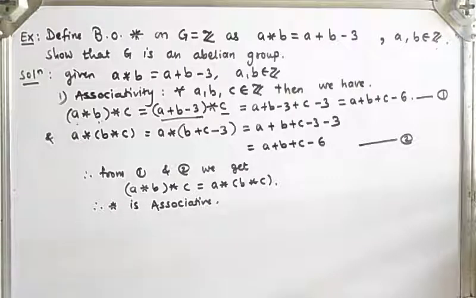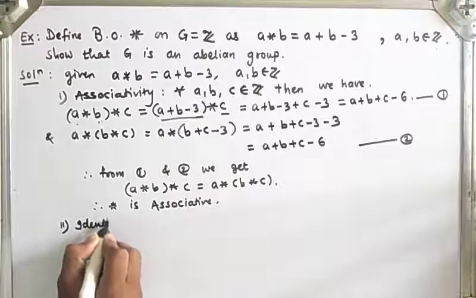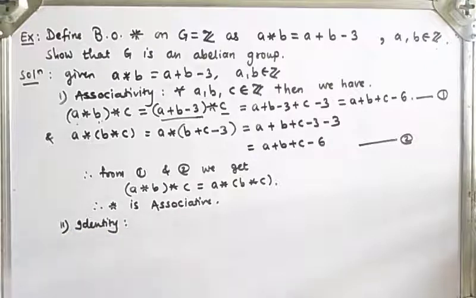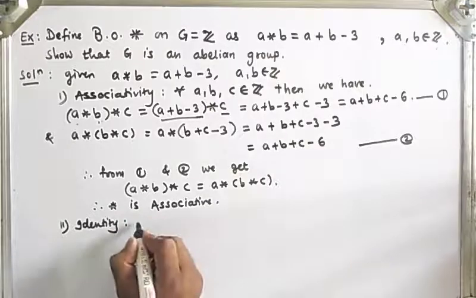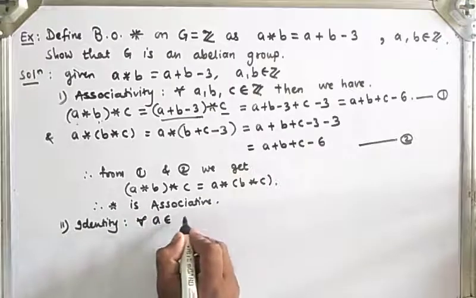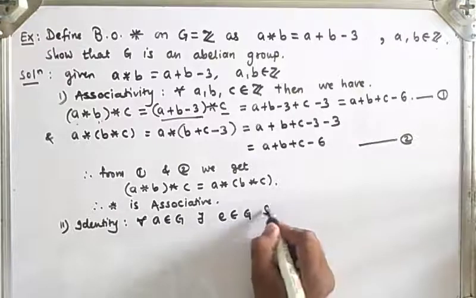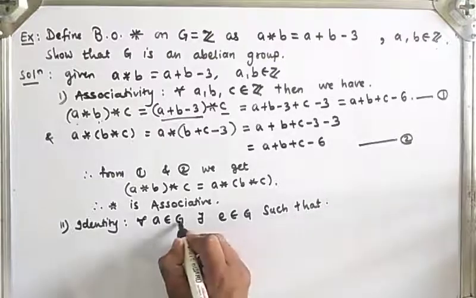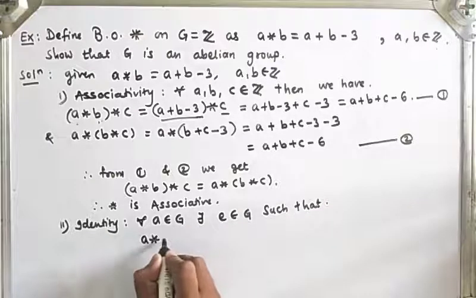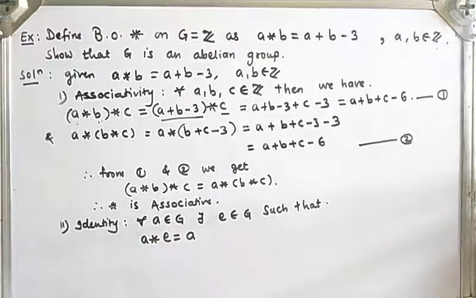Now next, to find the identity element. Second is the identity element. So what is the definition of identity? For all a belonging to G, there exists an identity e belonging to G such that a star e is equal to e star a is equal to a.